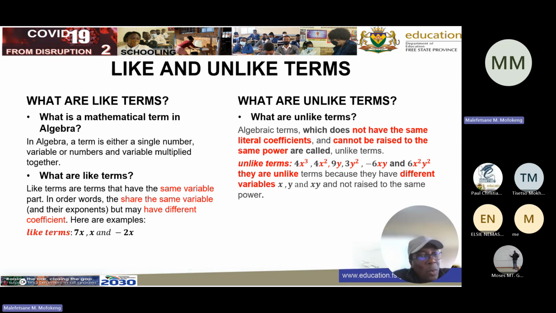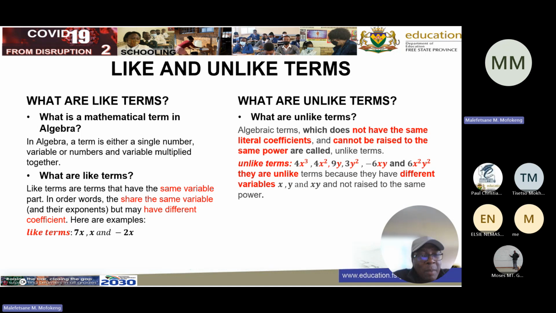Then what are like terms? Like terms are terms that have the same variable part, in other words, they share the same variables and their exponents, but they have different coefficients.